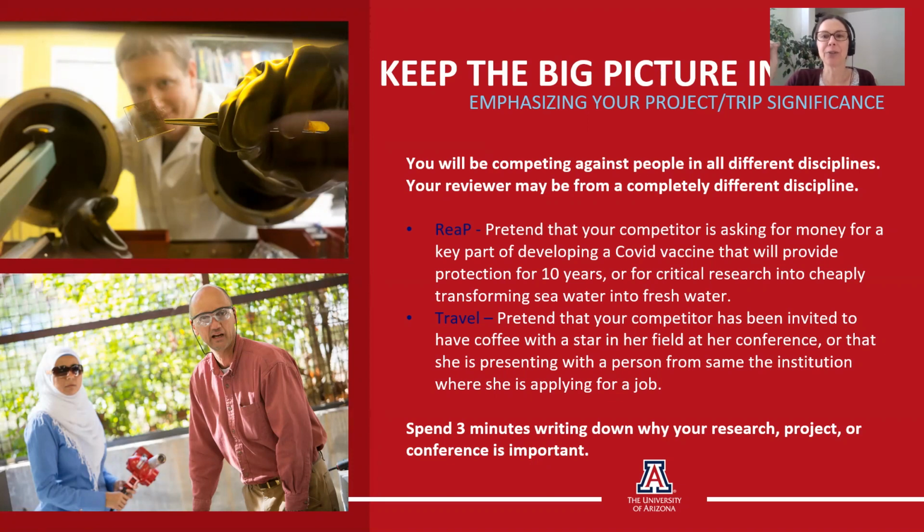And so, for example, if you have a competitor who's asking for money for a key part of developing a COVID vaccine that would provide protection for 10 years, or for critical research into cheaply transforming seawater into fresh water, it's hard to compete with those sorts of easily accessible connections to significant issues in the world.